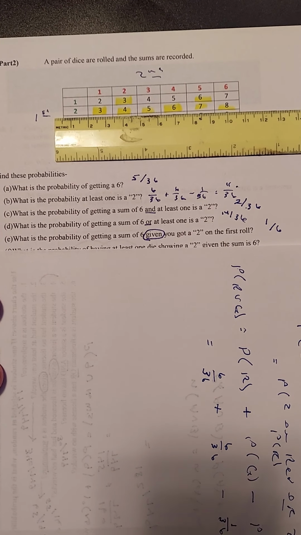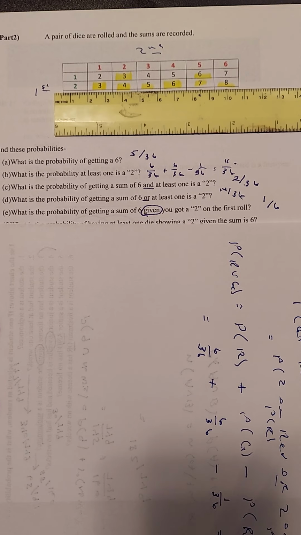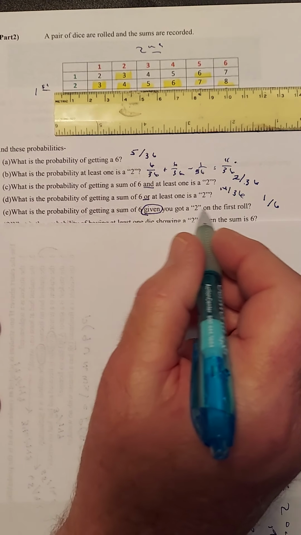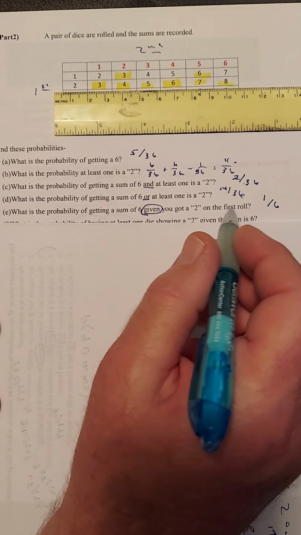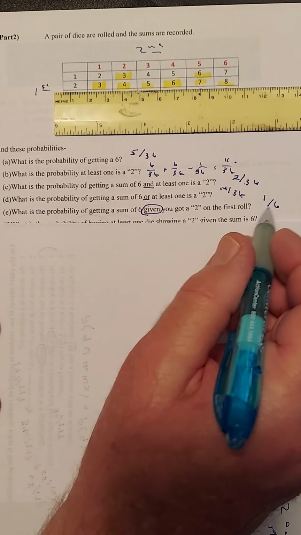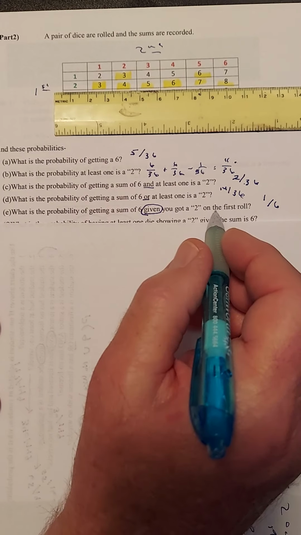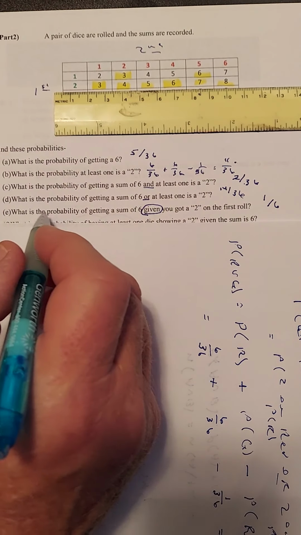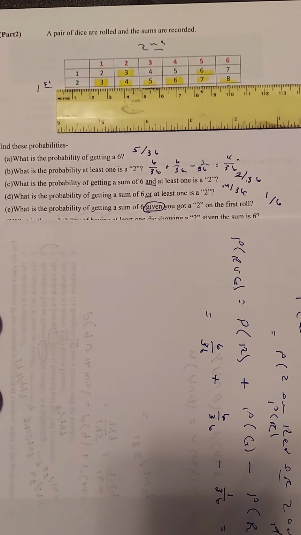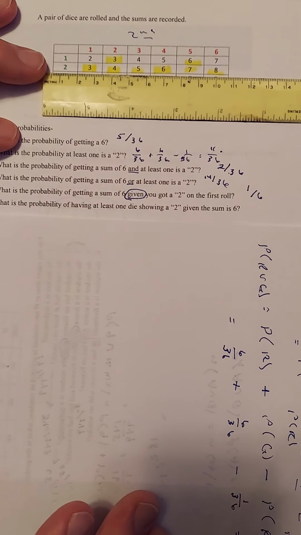So that was 1 out of 6. The second part, whatever you're given, gives you the bottom number. And then out of that bottom number, that becomes like a new sample space. Once it tells you this, we're not talking about any other numbers. So out of those 6 numbers, how many of them gave you a sum of 6? 1.